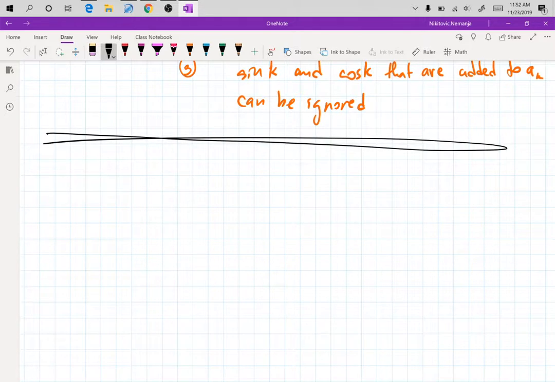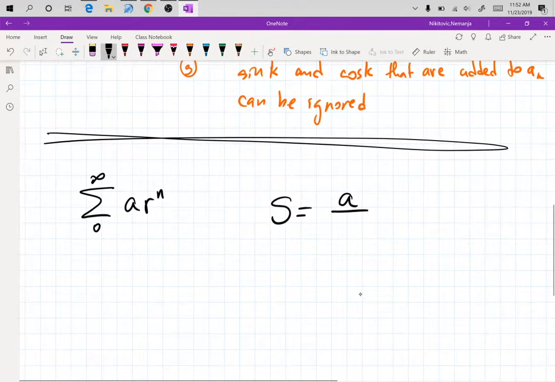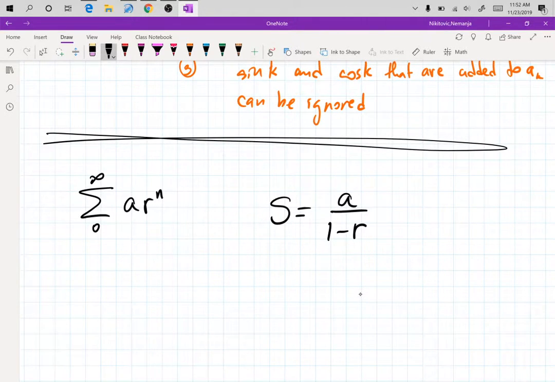Well, if they're looking for the sum, then you are using the formula for the sum. If they're looking for a term, then you are computing the term. So if you talk about geometric series, for instance, 0 to infinity, a r to the n, the summation formula is a over 1 minus r.